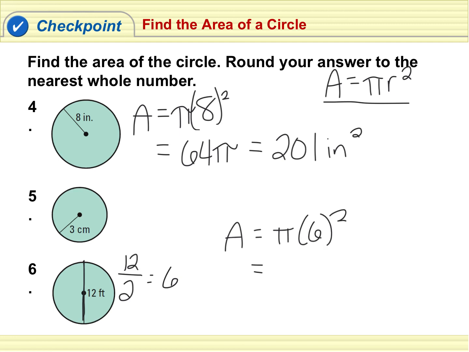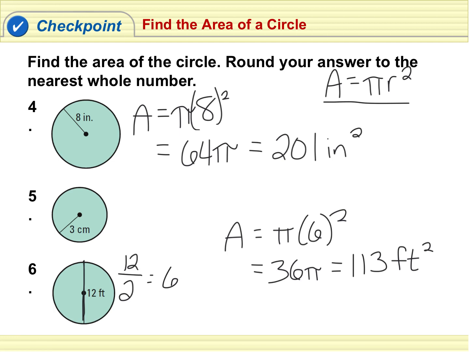What's 6 squared? 36 times pi. 113. What's my label for that? Feet squared. Good. Any questions over the area formula?